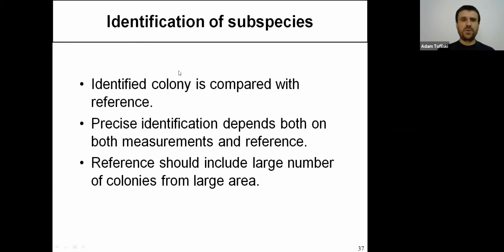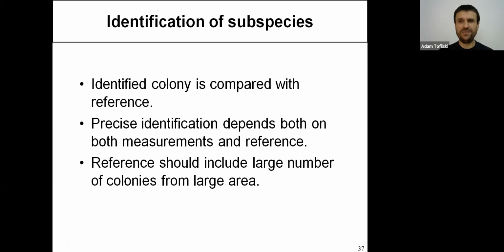One of the problems with the identification using the landmarks, but also the cubital index, is the reference sample. So the identification first depends on how precisely we place the points, but also how good is the reference.